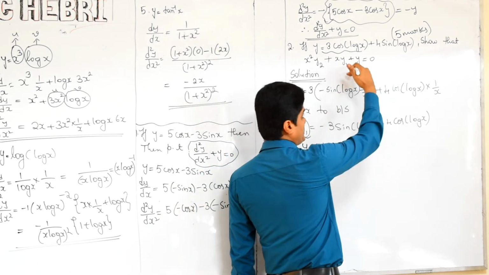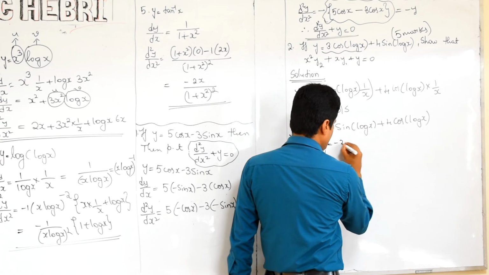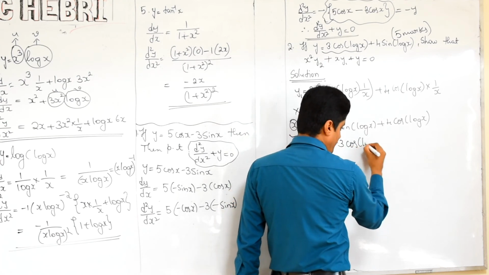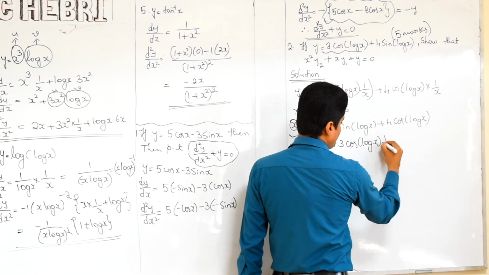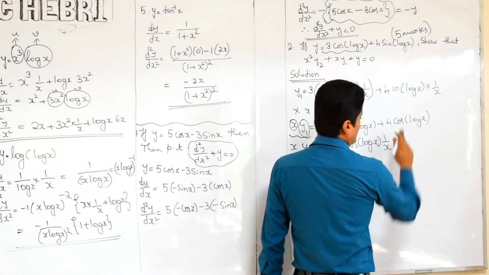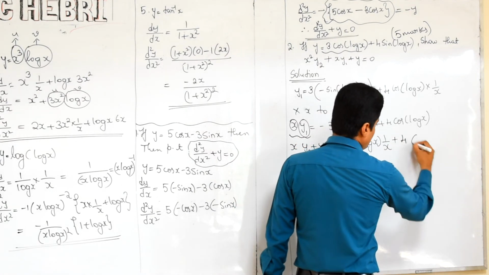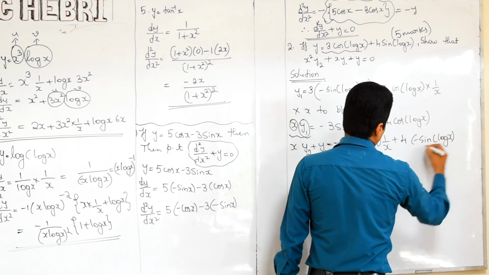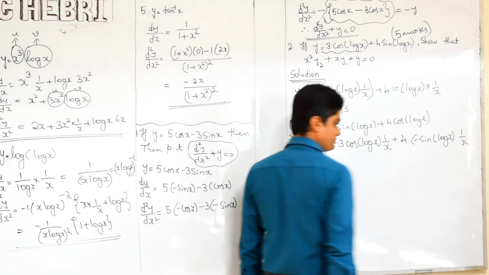Now as usual, as in the first step, minus 3 into the differentiation of sin, which is cos of log x into the differentiation of log x, 1 by x, fine, plus 4 into the differentiation of cos, minus sin of log x into the differentiation of log x, 1 by x.